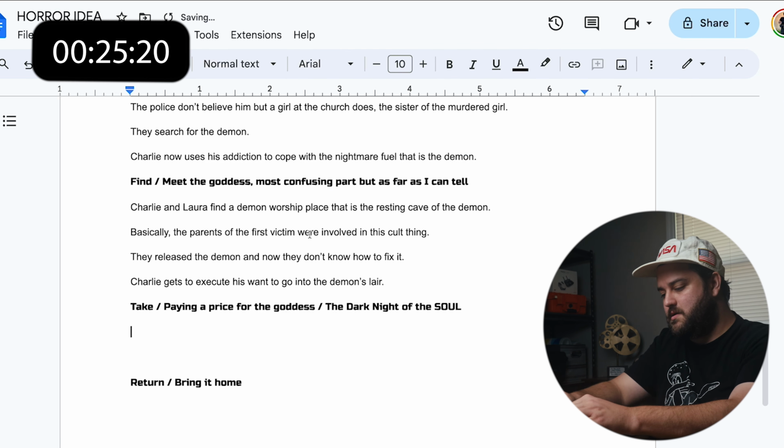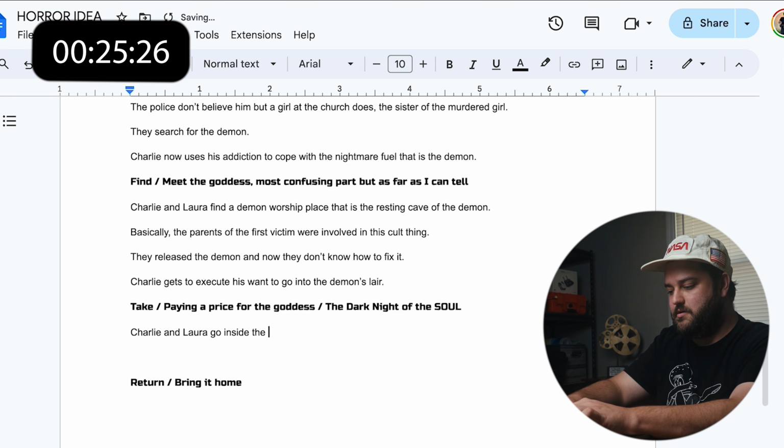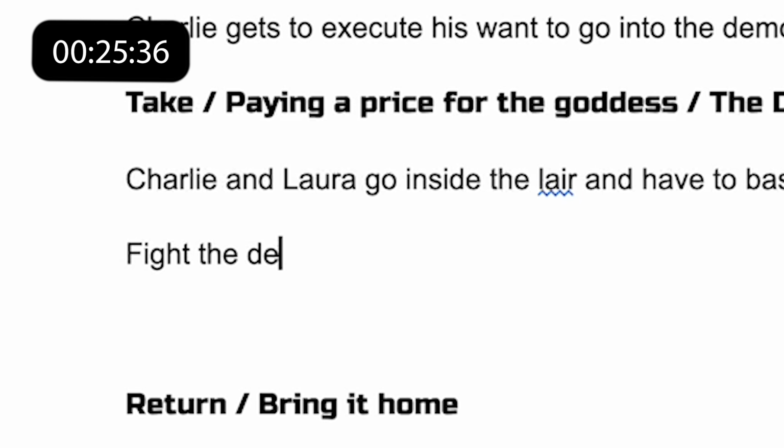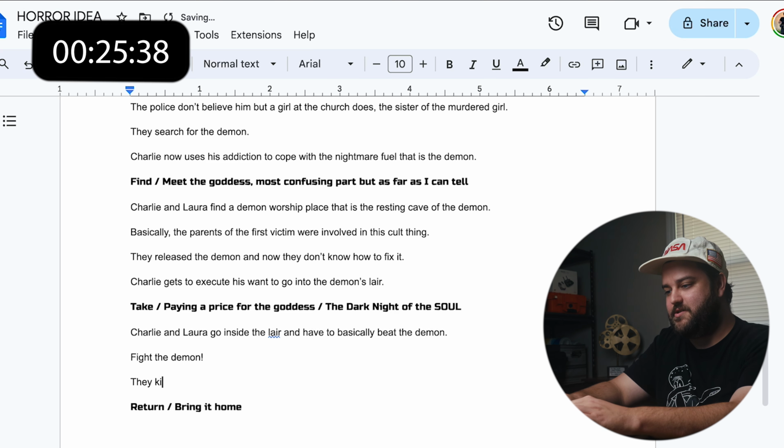They go, and so Charlie gets to execute his want to go into the demon's lair. Then maybe Charlie and Laura go inside the lair and have to basically beat the demon. Fight the demon. They kill the demon.